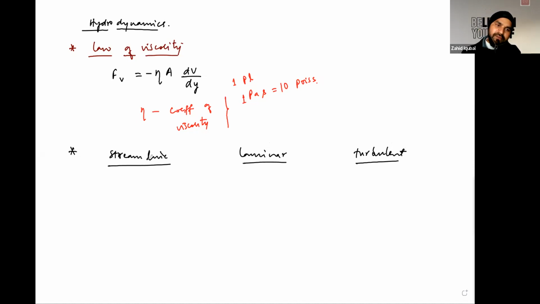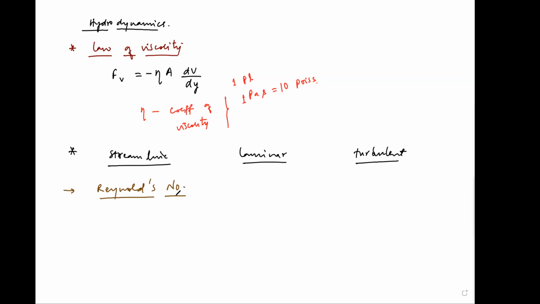Now to define these different flows of liquid, we may define a number which is given by Reynolds. So it will be the Reynolds number. Do you have any idea about this part? A formula related to this, how to calculate the Reynolds number? Yes, sir. It is rho Vd by eta.